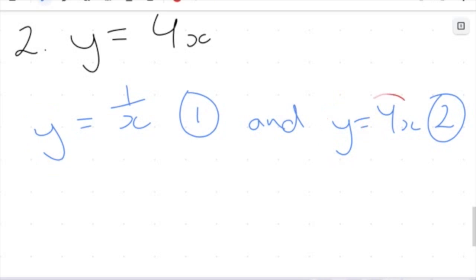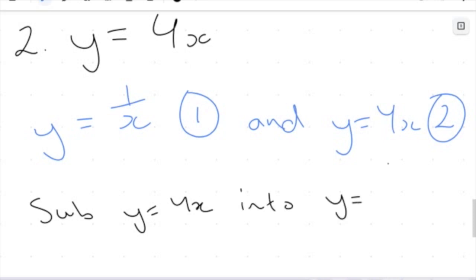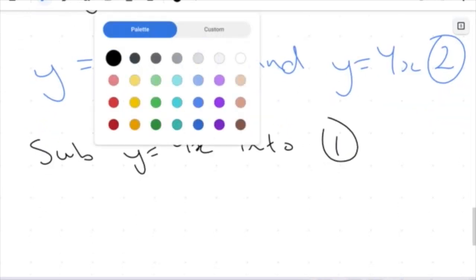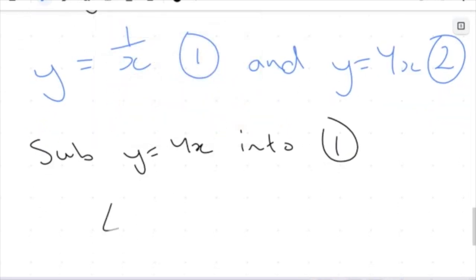So I can substitute in 4x in place of this y over here. So I'm going to sub y equals 4x into equation 1. Okay, so that gives me 4x equals 1 over x.